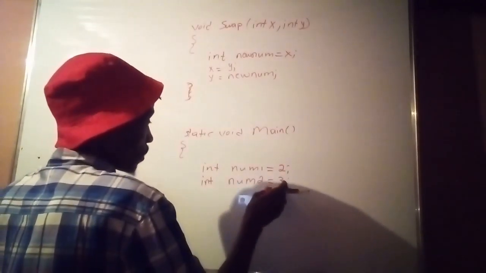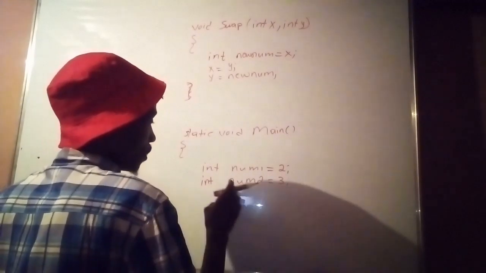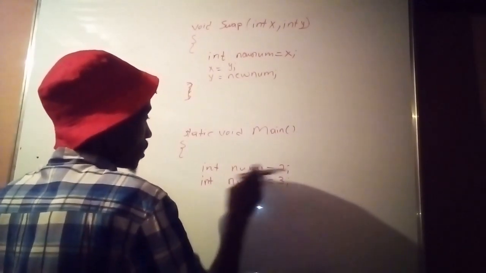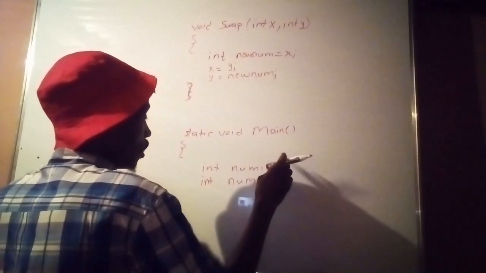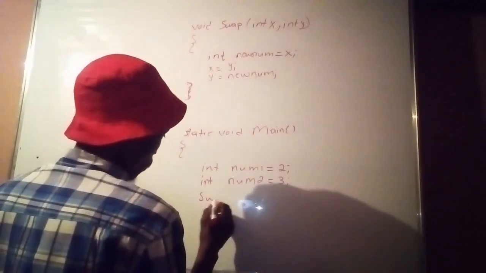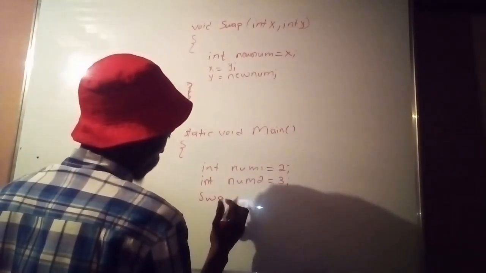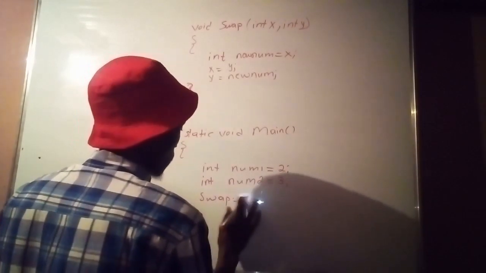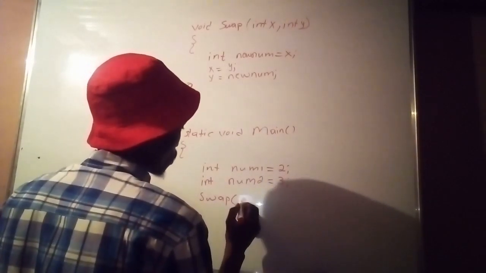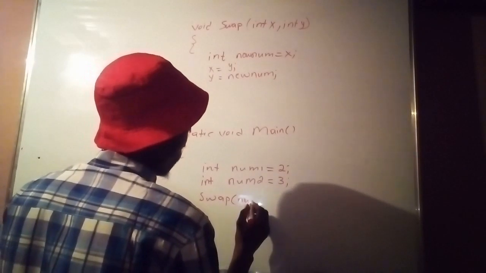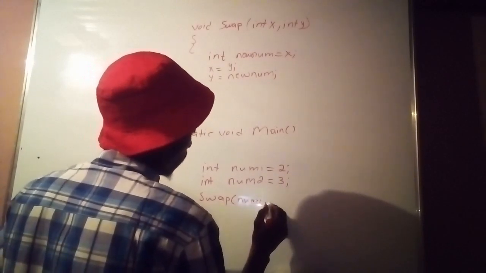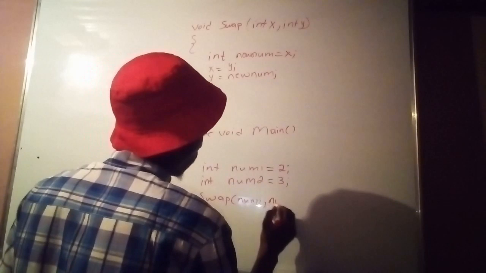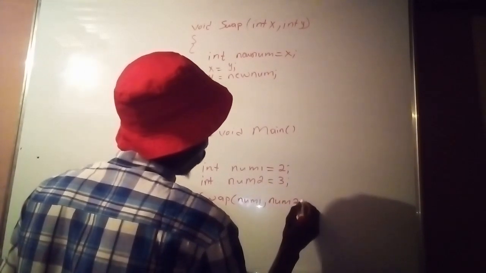We want to swap these two numbers, num1 to be 3 and num2 to be 2. So we call this method swap, with num1 and num2.